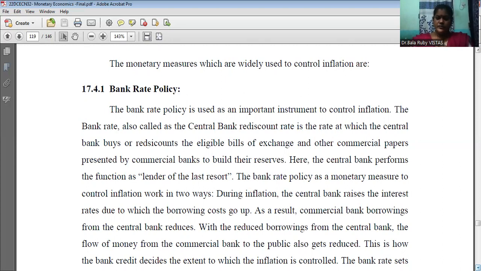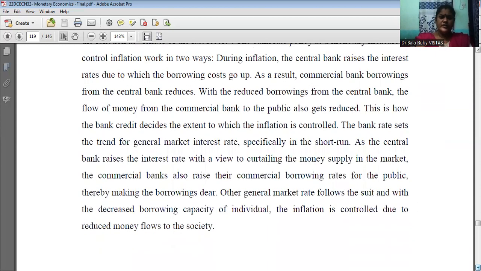With the reduced borrowings from the central bank, the flow of money from the commercial banks to the public also gets reduced. This is how the bank credit decides the extent to which inflation is controlled.